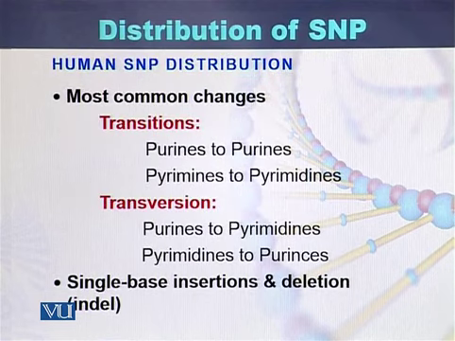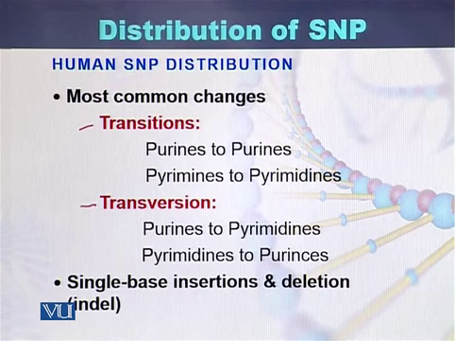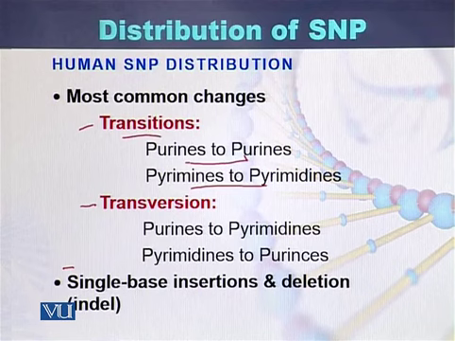Human SNP distribution: the most common changes are in the form of transitions or transversions. The second type is single nucleotide insertions and deletions. Transitions are those changes where a purine is converted to a purine and a pyrimidine is converted to a pyrimidine; such a change of the base is called a transition.